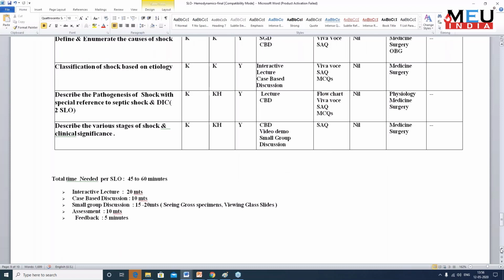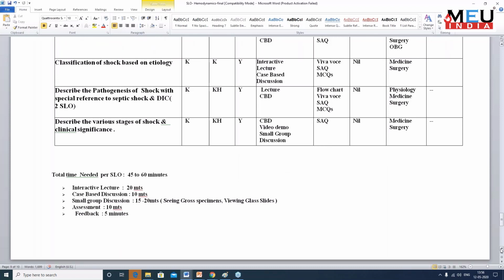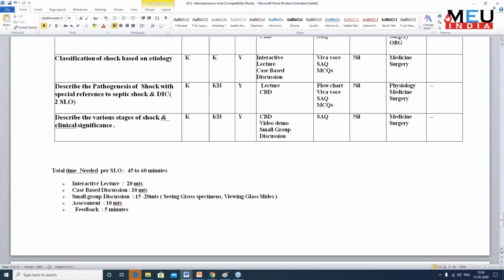Then the various stages of shock and clinical significance, we can take a clinical scenario where you explain a mild shock, give an example of a mild shock where a person receives bad news, and we also call it a shock where the person is unable to respond, that is emotional shock or a neurological shock rather than a neurogenic shock.